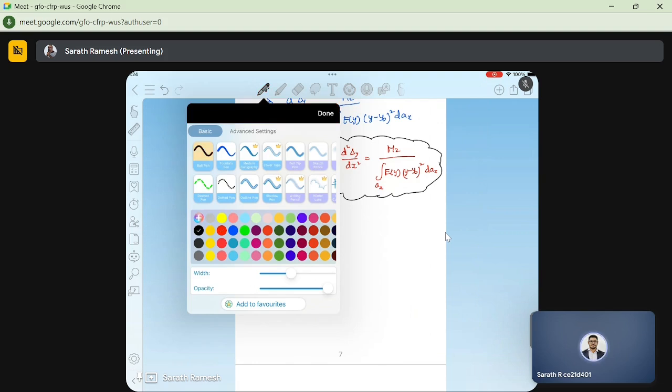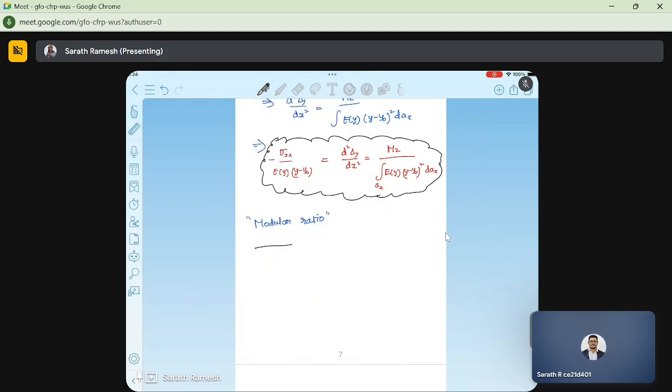But suppose I have a non-homogeneous material, say here material 1 and material 2, and I can convert this into an equivalent material such that my material 2 width alone has increased.